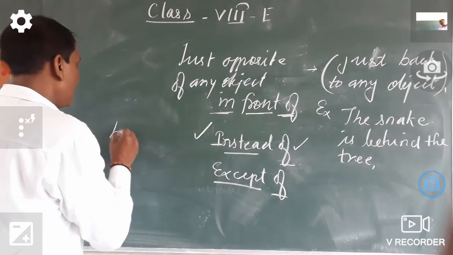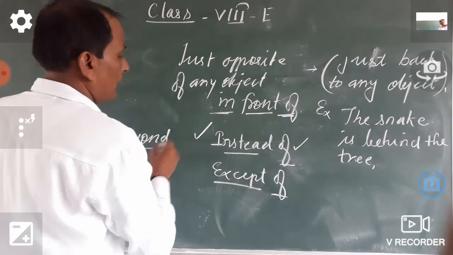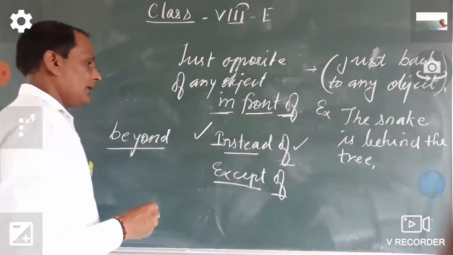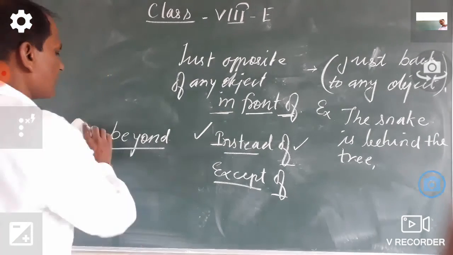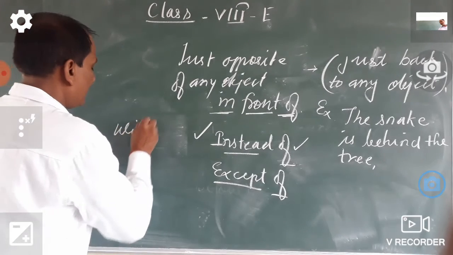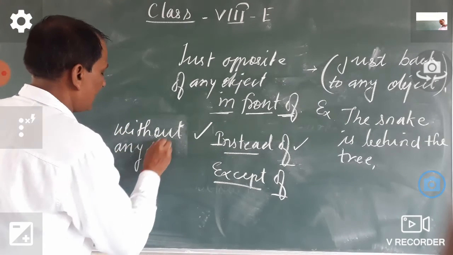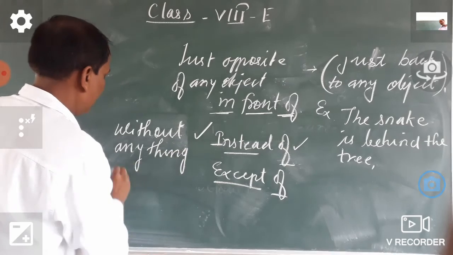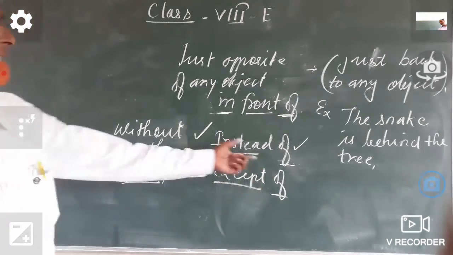Instead of means the thing that is running or beyond the thing, that is called instead of. Beyond or without. You can take without also. Instead of means without any thing, person or anything. That is instead of.